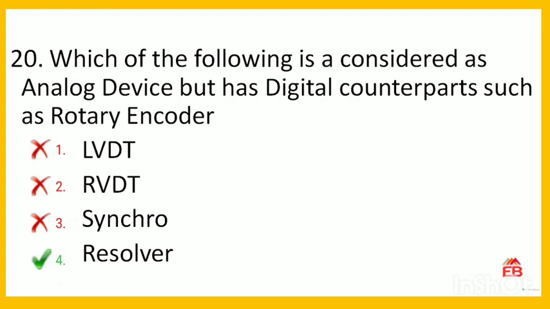LVDT is nothing but linear variable differential transformer. RVDT is the rotary variable differential transformer. Synchro is also an AC device or AC transducer. The only device which has digital counterparts is a resolver. So option 4 is correct.